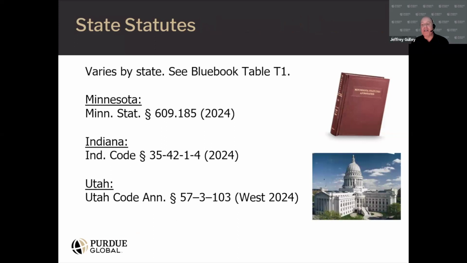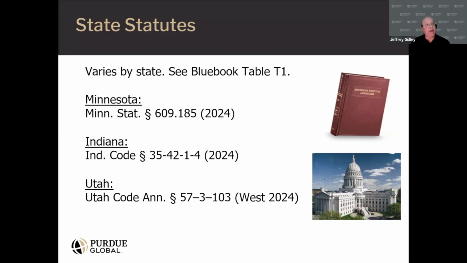So where we go to determine our format for citation is Bluebook Table T1. In the back of the book, Table T1 is several pages. You will have the citation format for the federal government, for the courts, for statutes, for even agency decisions, but also every single state. So if you go to your state, it will tell you.